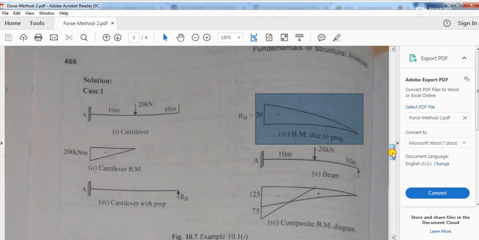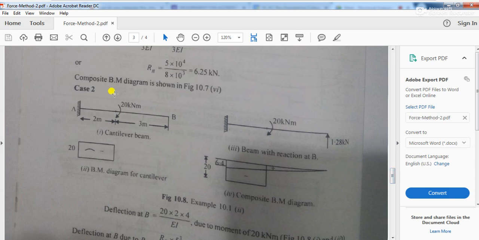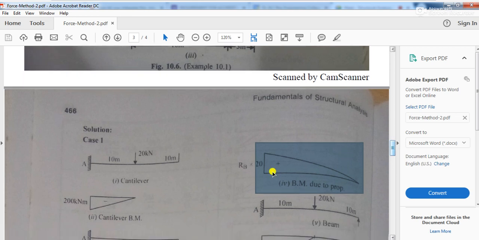The triangular moment diagram will have value how much? RB into 3 plus 2, 5 meters. So instead of this 20, exactly the same way you will be getting a triangular moment diagram where the value of moment over here will be RB into 5. So from this you should be able to find out the M by EI diagram.